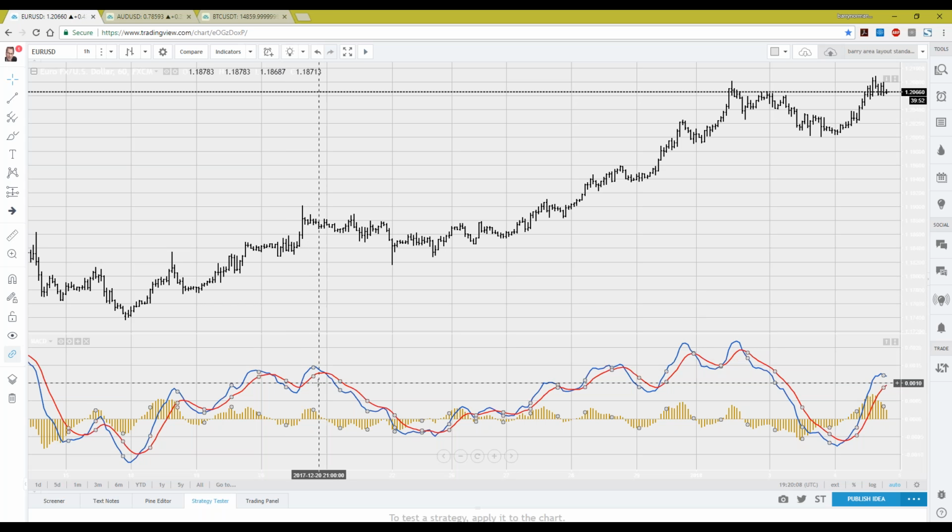And the red line is simply a 9-period moving average of the blue line. And this is the MACD moving average convergence indicator.